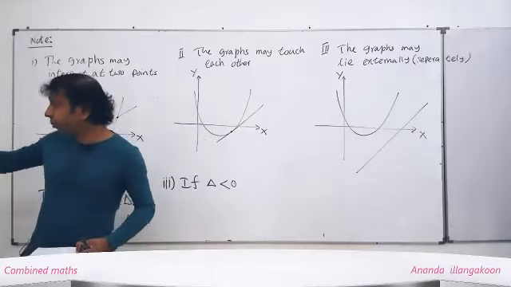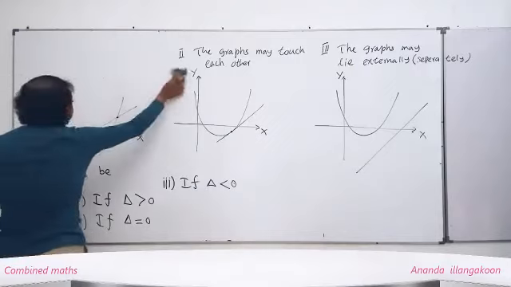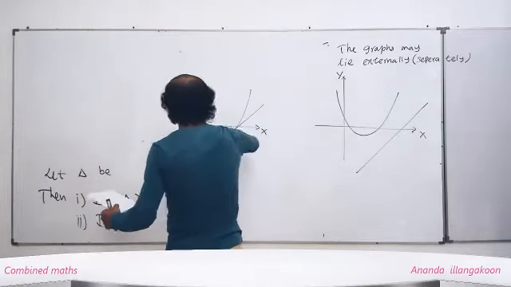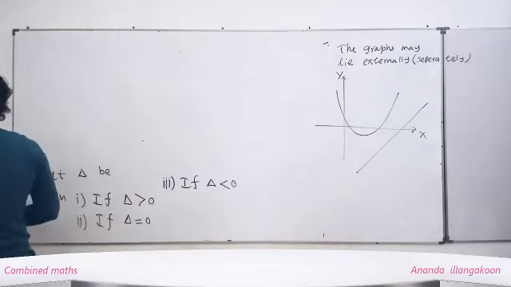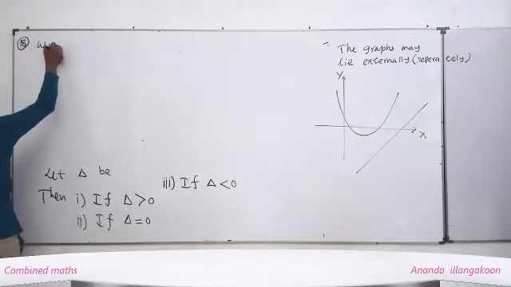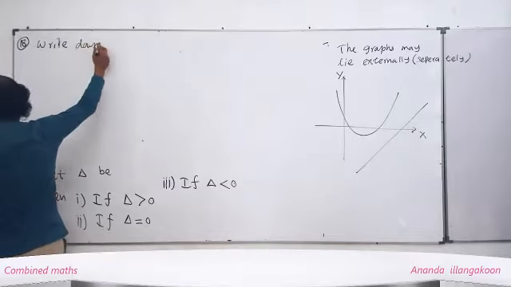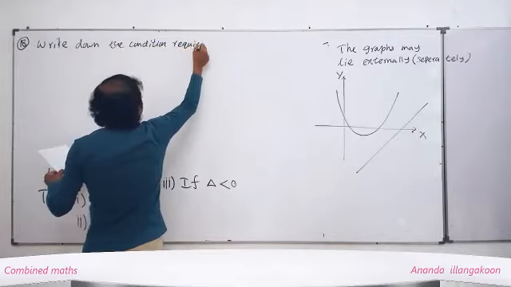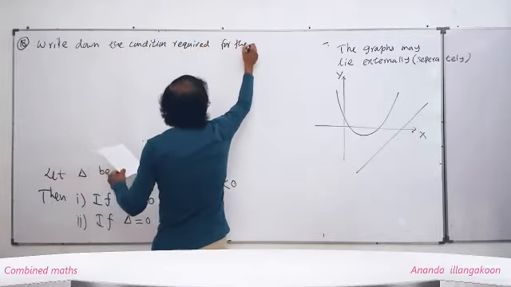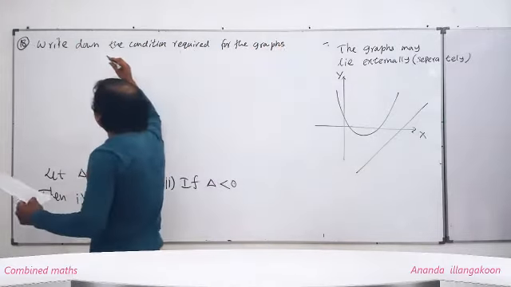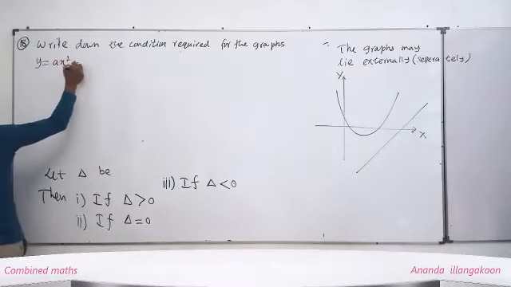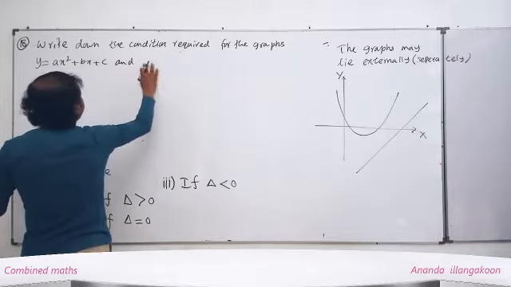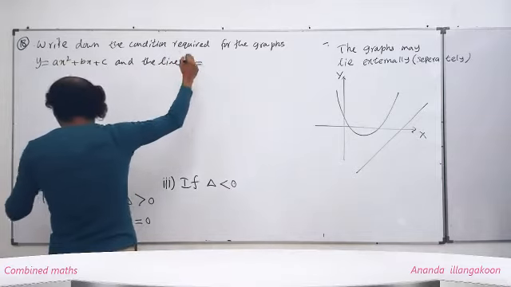The question says, write down the condition required for the graph y equals ax squared plus bx plus c and the line y equals mx plus c dash.